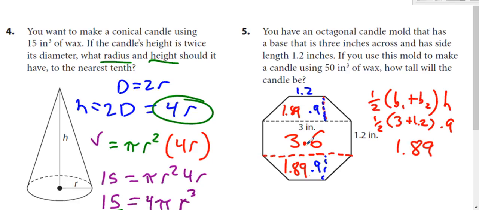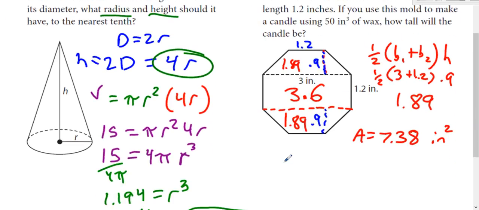So the area of the base is 1.89 plus 3.6 plus 1.89, which is 7.38. That's the area of that octagon, area of the base. Volume is always area of the base times height.